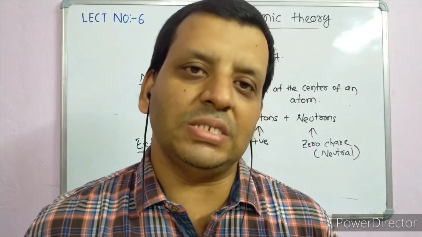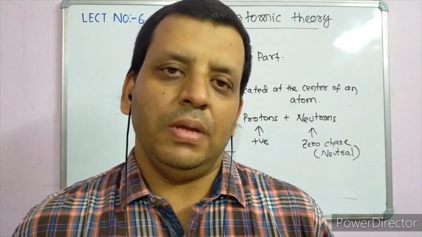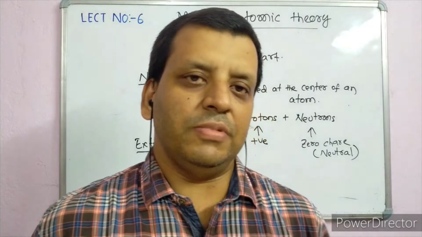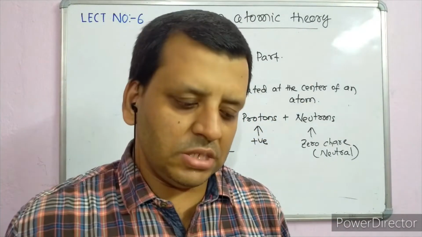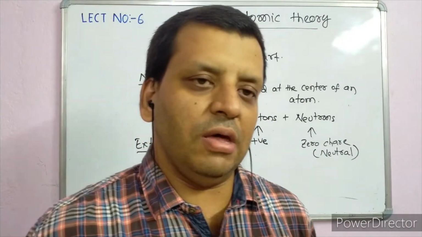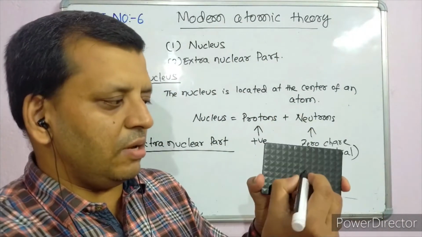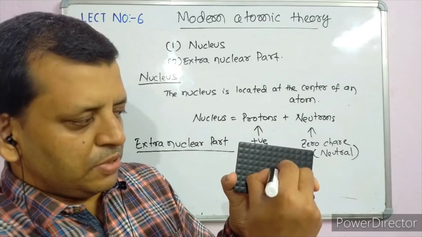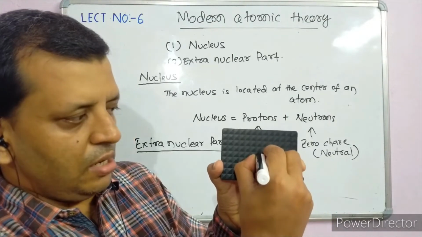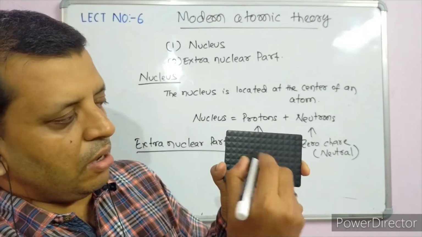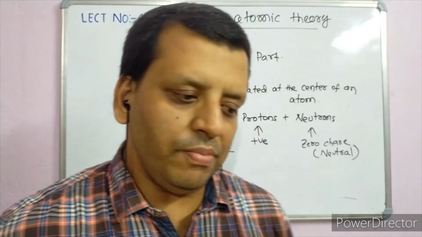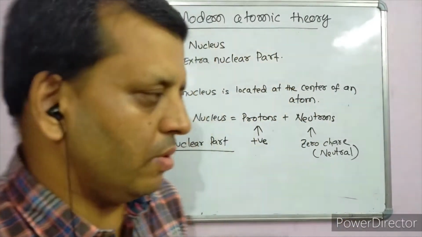In other words, if we negate the existence of the nucleus from the atom, the remaining part of the atom is known as the extranuclear part. So let's say if this is an atom and the nucleus is present somewhere here, then all the rest of the atom is known as our extranuclear part. Okay, my dear friends.